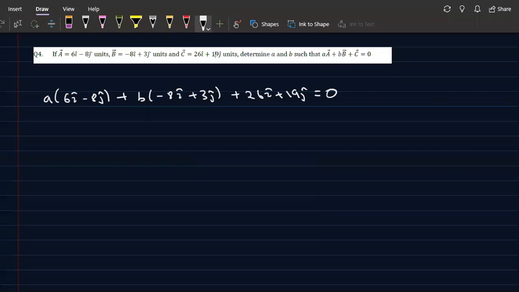Now in the second line, the answer will be there. So I will take all the x component, y component, z component together. So we will get (6a minus 8b plus 26) i cap plus (minus 8a plus 3b plus 19) j cap is equal to 0.